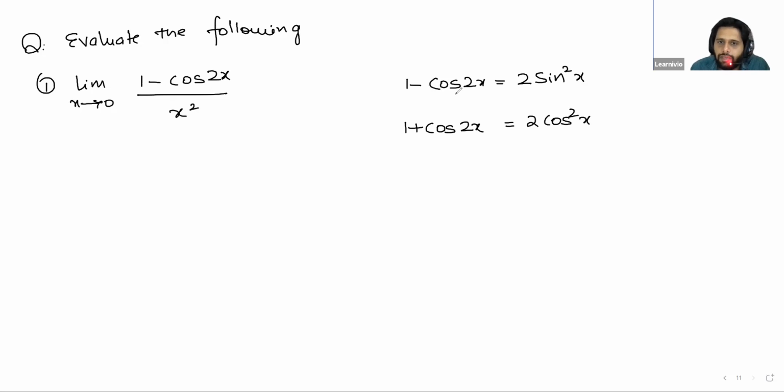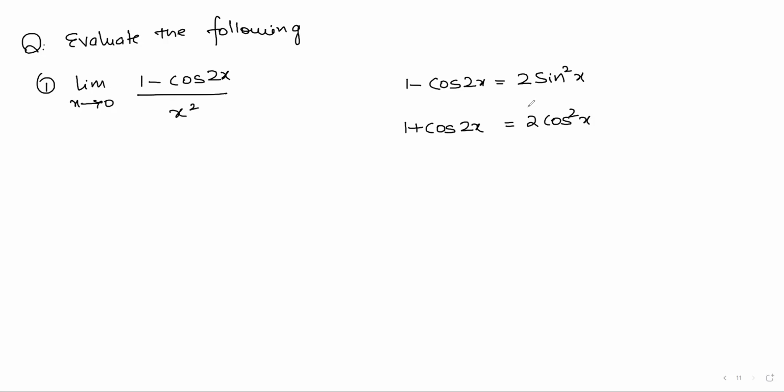When we have 1 minus cos 2x, this will give you 2 sin square x. This angle will become half. When it is 1 plus cos 2x, you will get 2 cos square x. Is this clear? Repeat again.